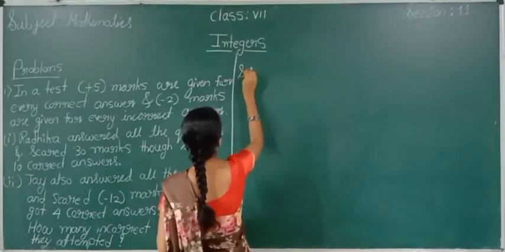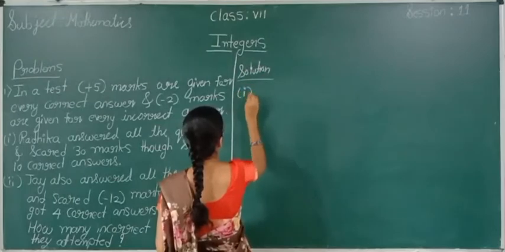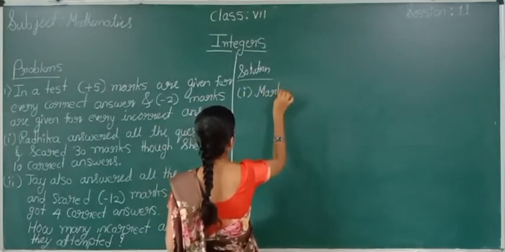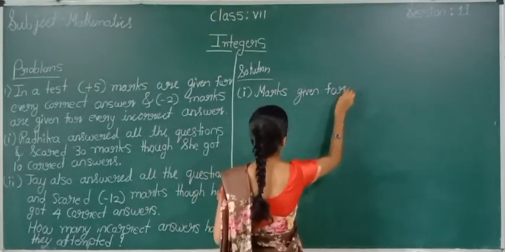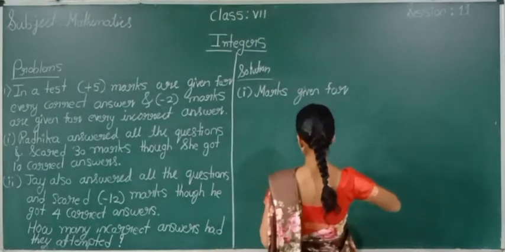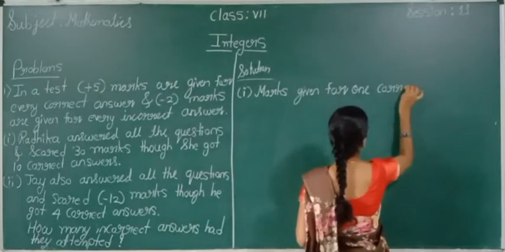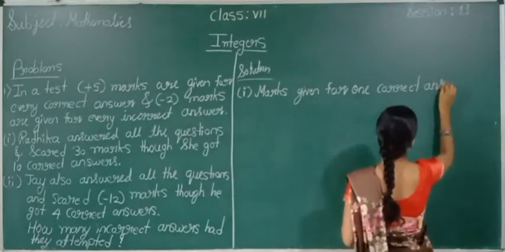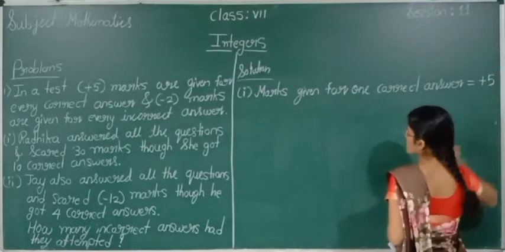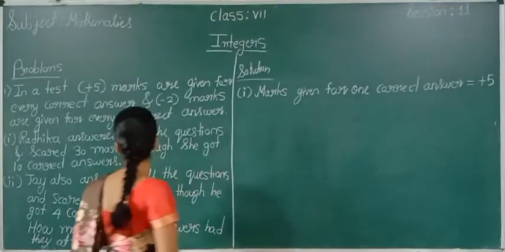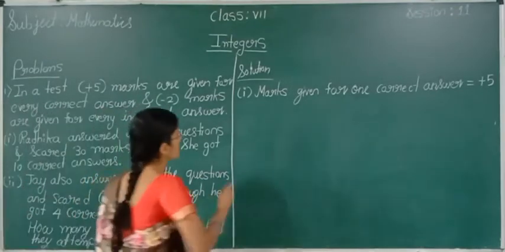Now see here, solution. First, the marks given for one correct answer. How many marks are given for one correct answer? That is +5. Radhika had written 10 correct answers, no?